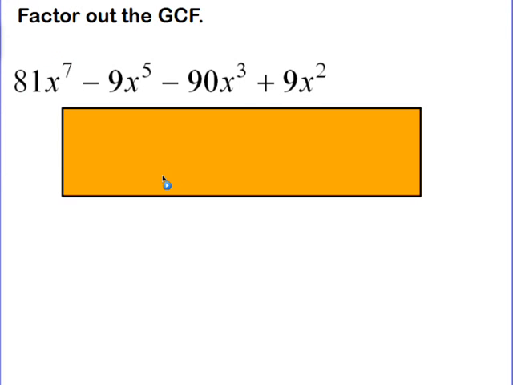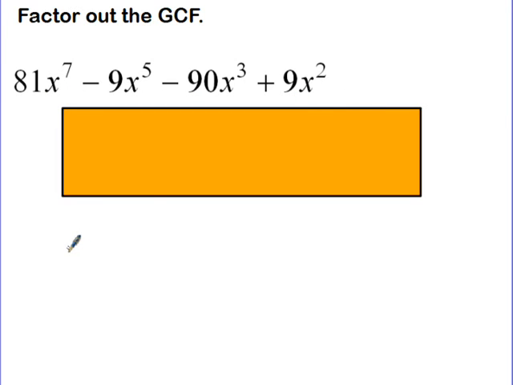Alright, factor out the GCF of 81x to the 7th minus 9x to the 5th minus 90x to the 3rd plus 9x squared. If I think to myself, what's the largest number that goes into 81, 9, 90, and 9?